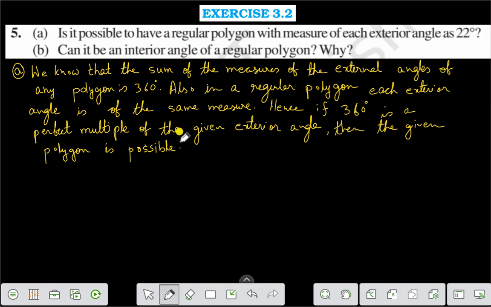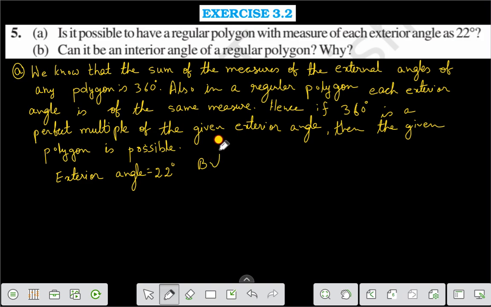Right? Now here it is given that the exterior angle is equal to 22 degrees.